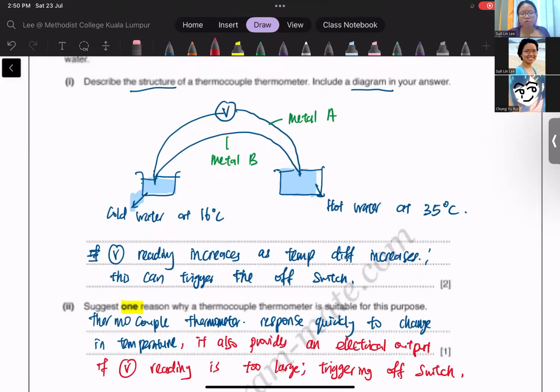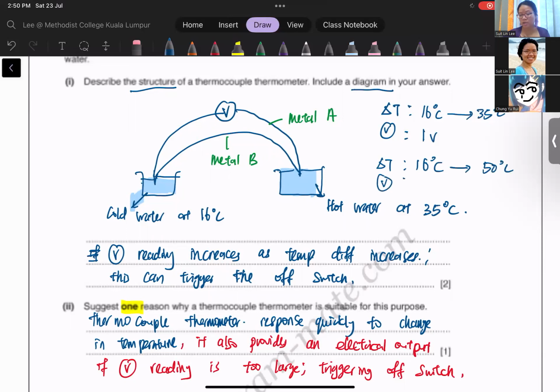Let's say I have this voltmeter already connected to my shower, and every day I take a shower, and for a temperature difference of 16 degrees to 35 degrees, my voltmeter reading, for example, is 1 volt. So every day the voltmeter is 1 volt, every day is fine. One fine day, I turn on the shower, and for some reason my heater goes haywire and brings this up to 50 degrees.